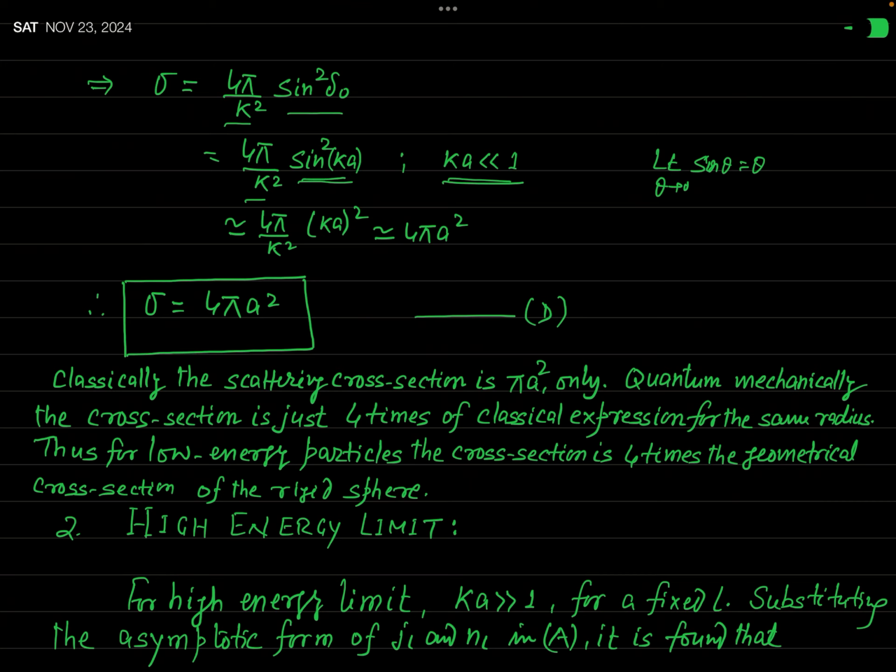Therefore, under the low energy limit condition, this will be equal to 4 pi over K square times Ka whole square. And this is simply equal to 4 pi A square. So the total scattering cross section is equal to 4 pi A square.